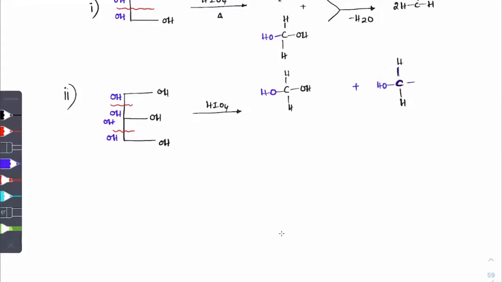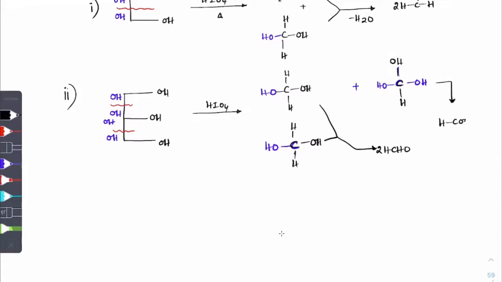Sorry, one OH was already present. And the last carbon, the third carbon here, will be the same as the above carbon, which is OH, C, and this C has H, H and OH. So these two will typically become 2 moles of HCHO. And here, after removing water, it will become the acid HCOOH. So you'll have 2 moles of formaldehyde and 1 mole of formic acid. This is the final product.